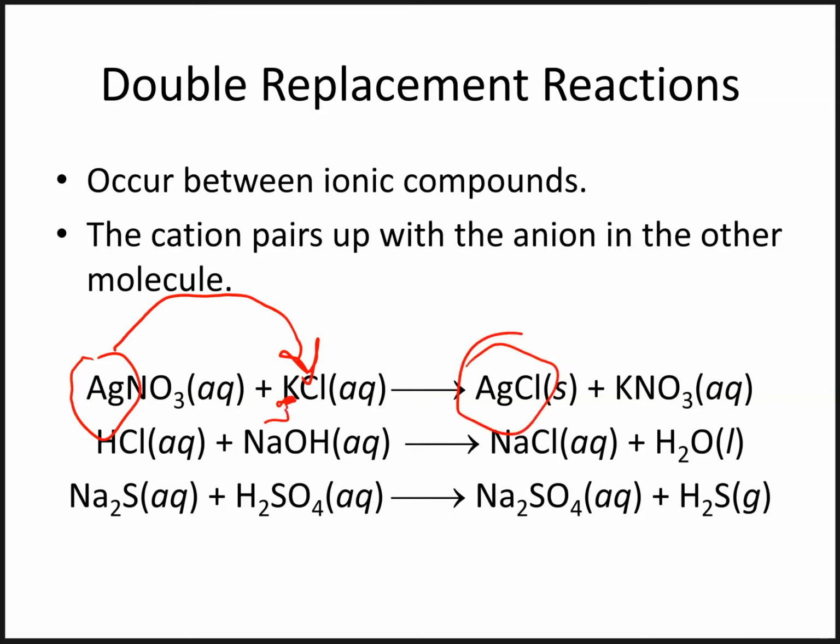Potassium will come over and react with nitrate to form potassium nitrate. Remember, be careful when you balance these to always write the metal first, or the cation first. Like single replacement reactions, with double replacement reactions you're going to have to be able to predict what the product is. It's not something you're going to be told.